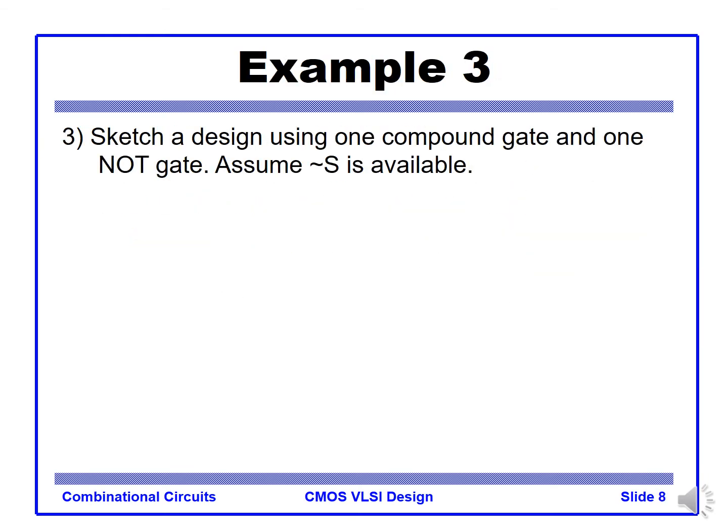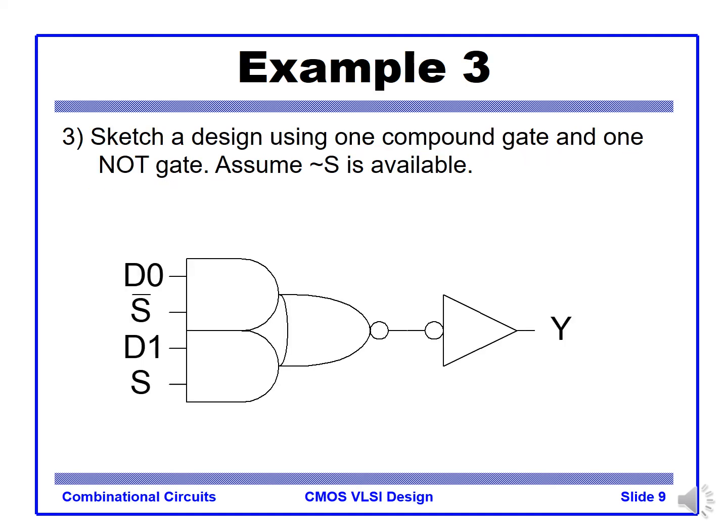Now let's move on to another example that uses one compound gate and one NOT gate, the inverter. In a compound gate, we have this kind of combination of several logic.